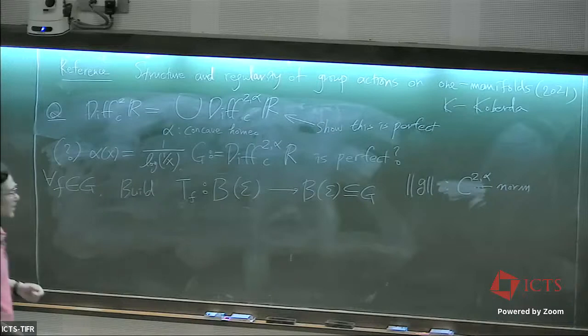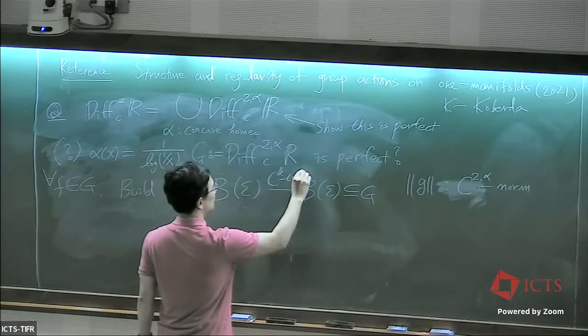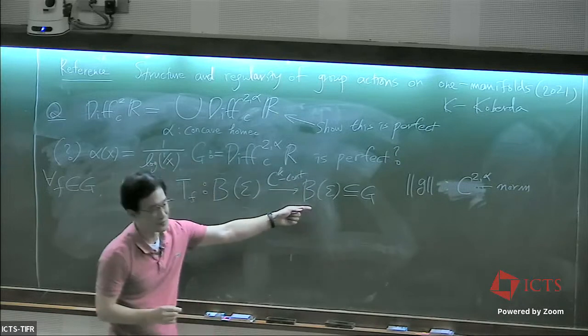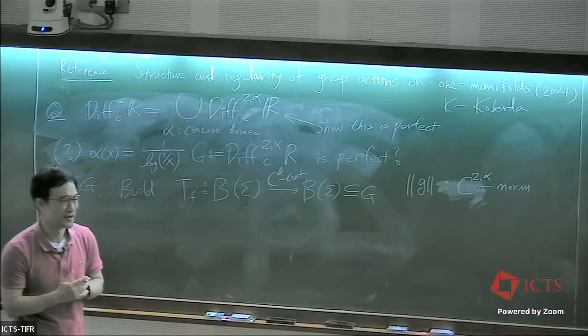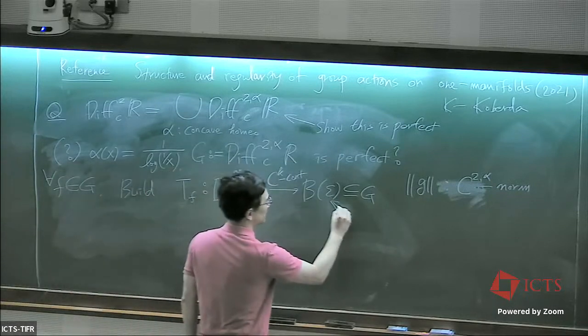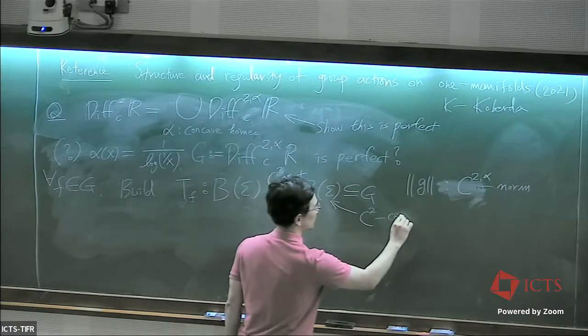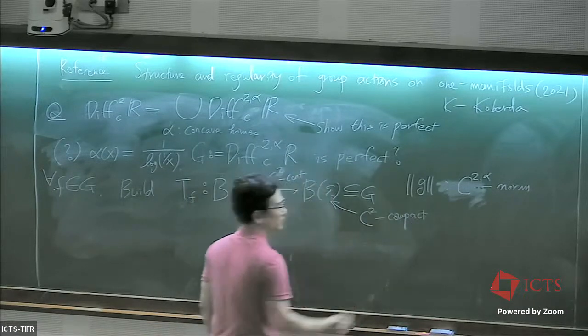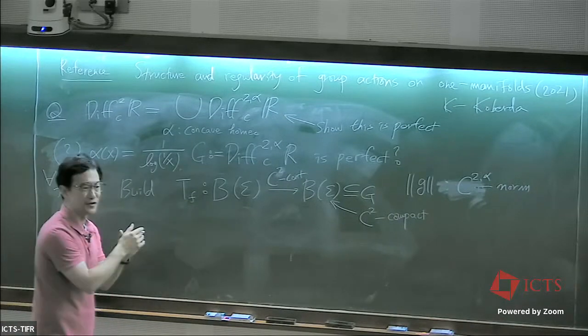So build T_F, which is supposed to be continuous. But the nice thing about this B epsilon norm, the epsilon neighborhood with respect to this norm, is that this is C^2 compact by Arzelà-Ascoli, because you are controlling the continuity by a modulus of continuity, so it is equicontinuous, so it is pre-compact and your closure is compact. So you can apply a fixed point theorem.